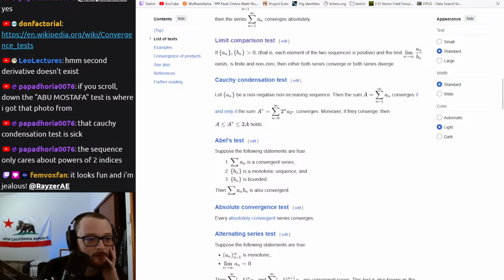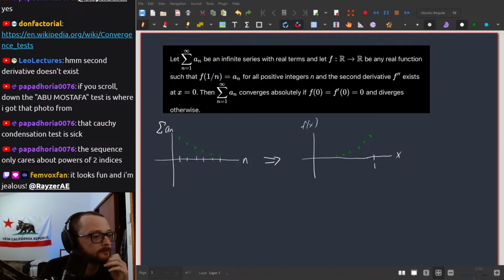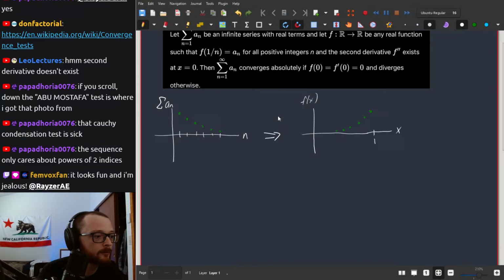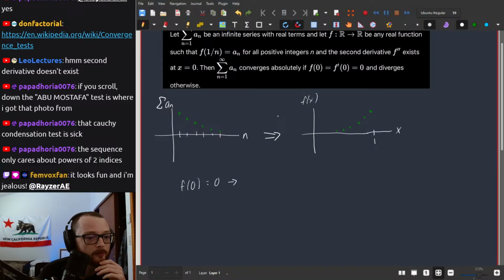Okay, let's see what Leo typed. F of 0 equals 0 implies a sub n goes to 0 as n goes to infinity. I agree with that.